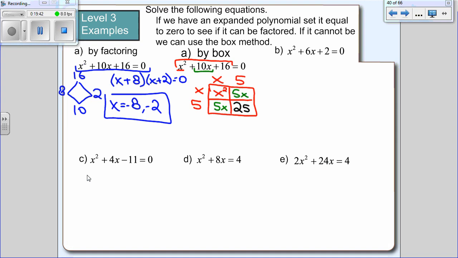So what we do is we force this 16 to become 25. So what would I have to add to 16 to equal 25? Plus 9. So I'm going to add 9 to that 16 to make it equal 25. So I'm changing what this quadratic actually is. If you add something to one side of an equation, what do you got to do to the other? You got to add 9 to the other side of the equation as well.